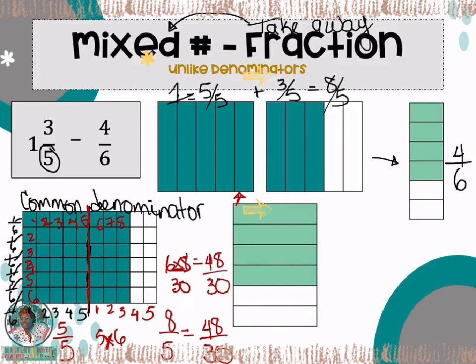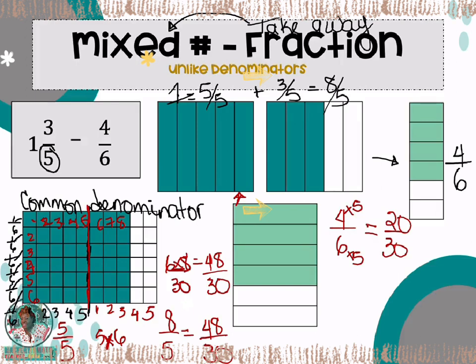Now to do our 4/6, because we need to find out what's the equivalent fraction for 4/6. We already know that our denominator is 30. So look, we can just go ahead and find it. So once we already find one denominator, then we know that the other one is going to be just as easy.